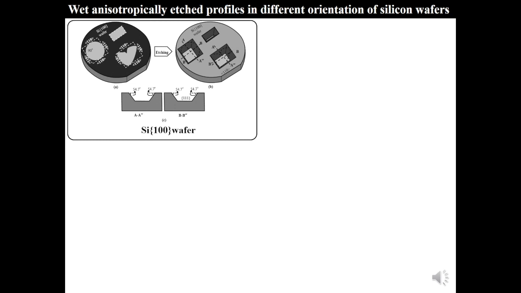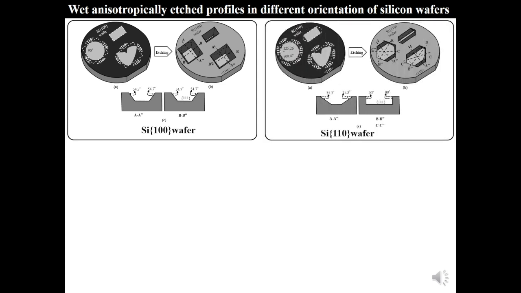If we talk about the wet anisotropically etched profile in different orientation silicon wafers, it depends upon the orientation of the wafer. For example, if we have a circular shape mask opening, rectangular shape, and arbitrary shape mask opening on a 100 oriented wafer, if we do the etching, we get a rectangular shape cavity formed by 111 side walls.